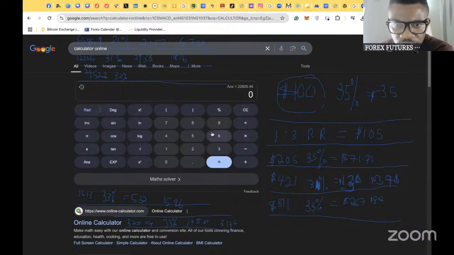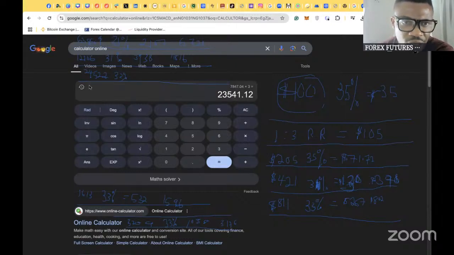If we increase the risk to 32, that will be 32% multiplied by 24,522. That would give us 7,847, times 3 will give us 23,541. This is better. 24,522 will give us double. It's good. So we're using 32.